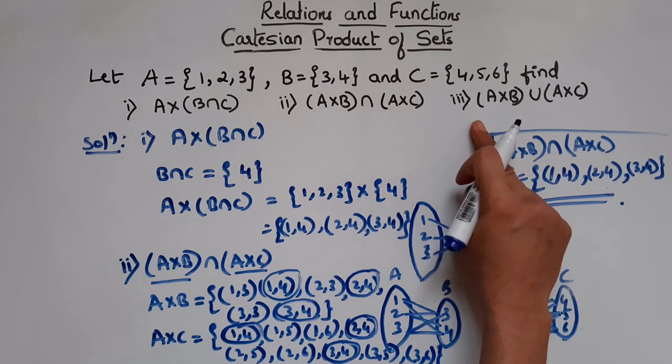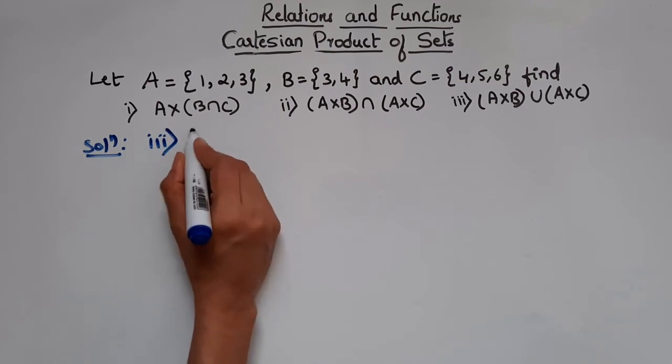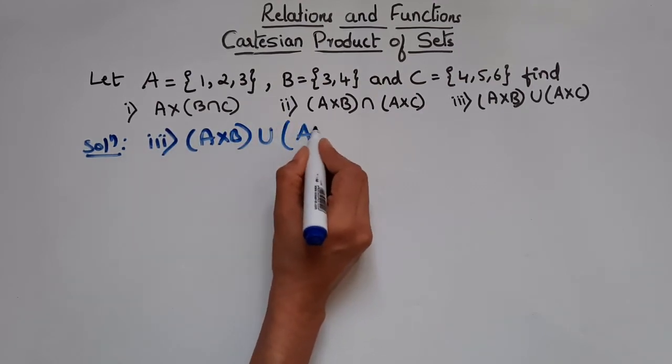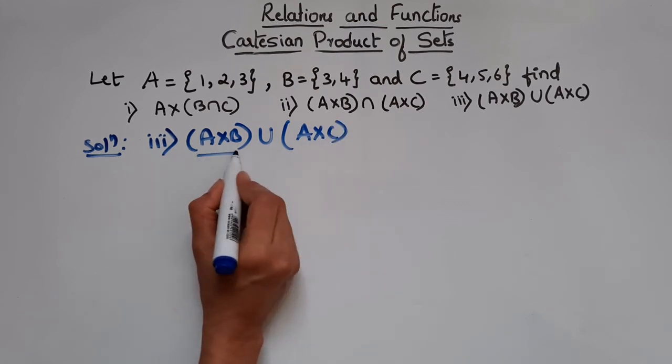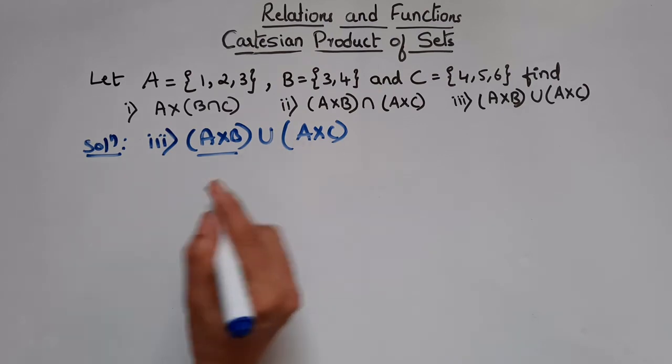Now let's see the third one. Let me erase this. We have to find A cross B union A cross C. First let's see what is A cross B. We already had A cross B, anyways, we will write again.